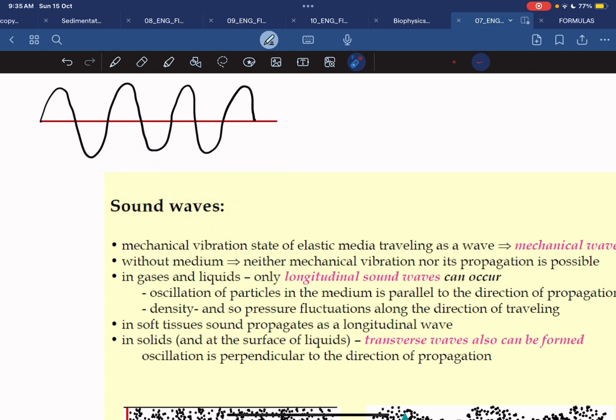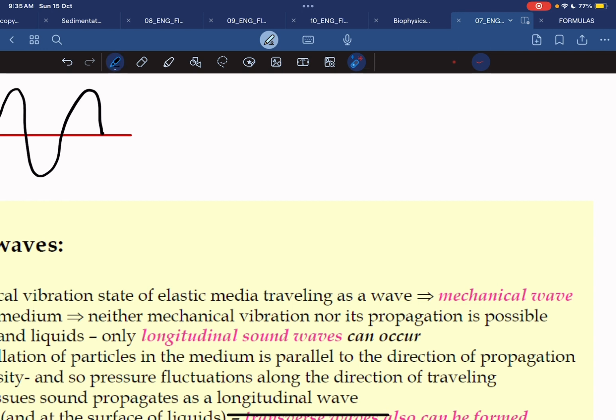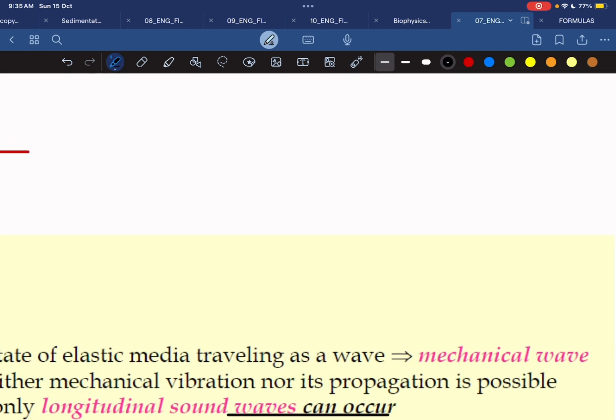Now what happens in the case of sound waves is that we will have a medium. For example, let me just draw this real quick.